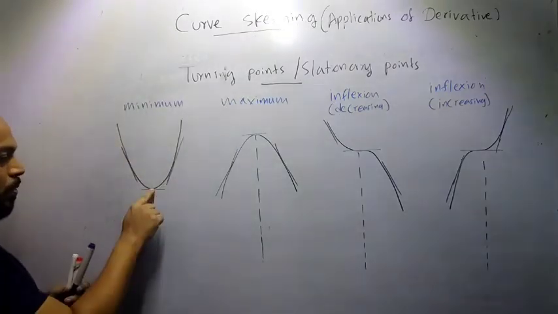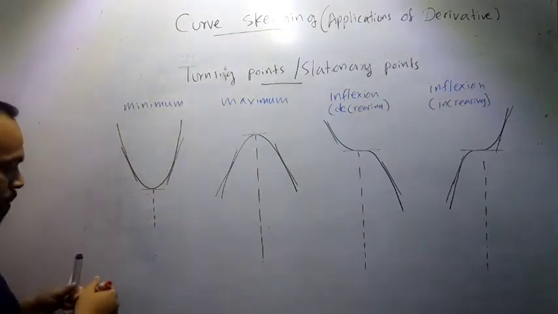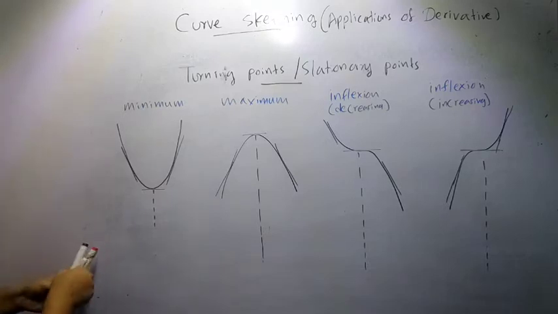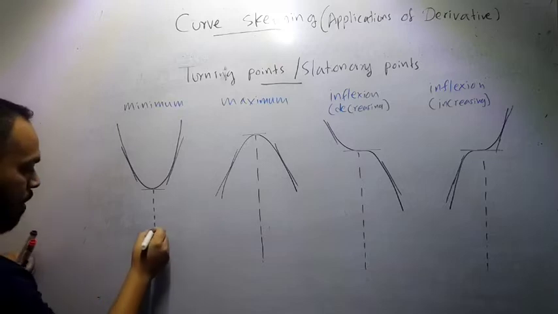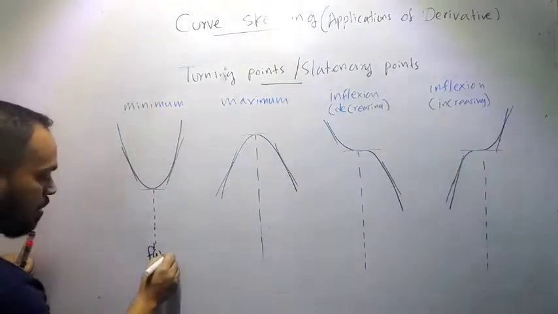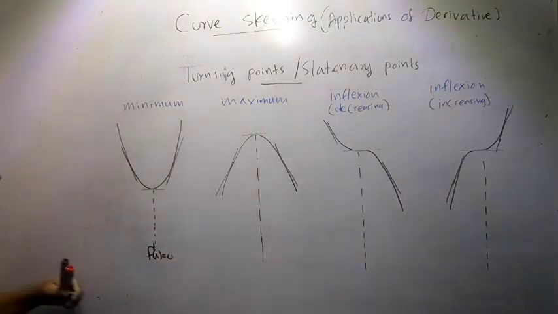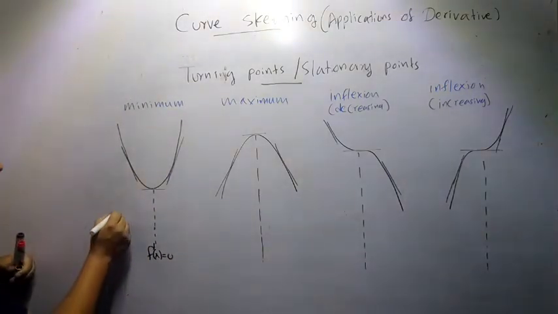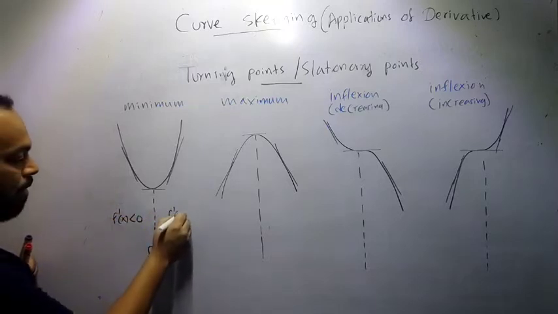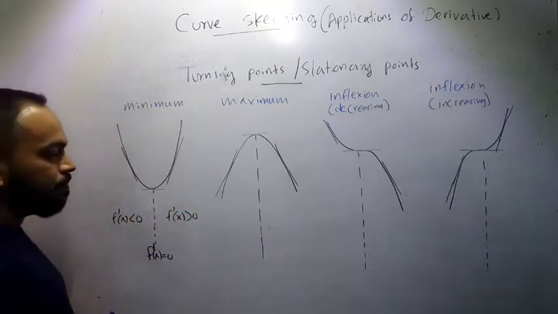So at this point, the directed line segment is horizontal, meaning what does that imply? It implies f dash of x at this point is 0. On this side, f dash of x is negative. On this side, f dash of x is positive.